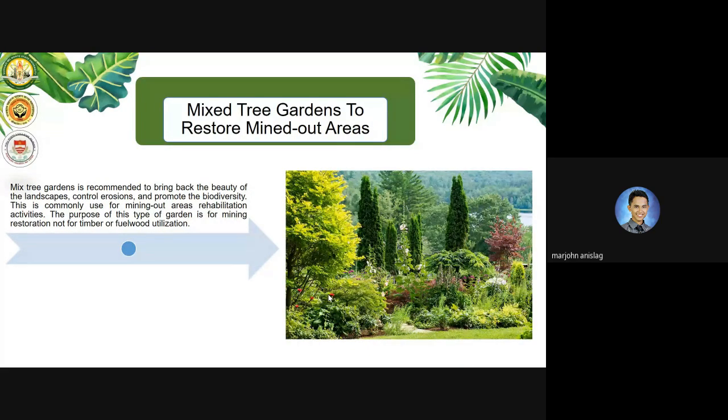Mixed tree gardens are designed to bring back the beauty of the degraded landscapes. This can control erosions and can promote biodiversity. This is commonly used to restore mined-out areas through rehabilitation activities. The main purpose of this type of tree gardening is to restore mined-out areas and promote biodiversity.